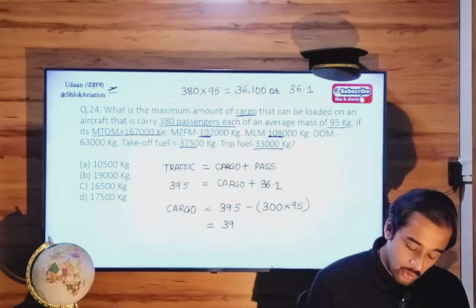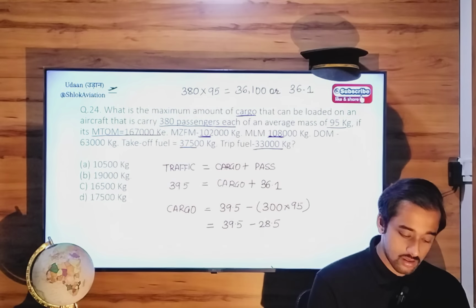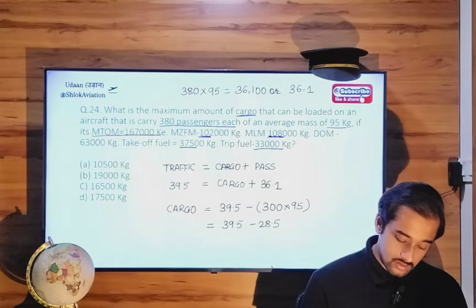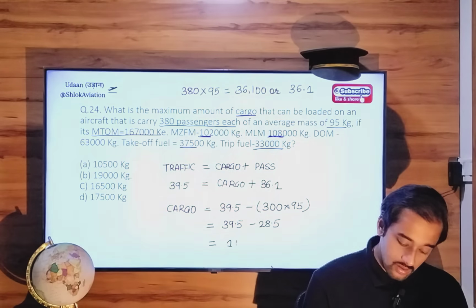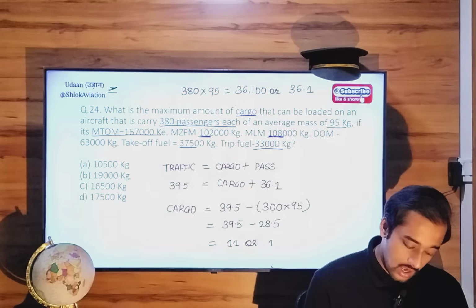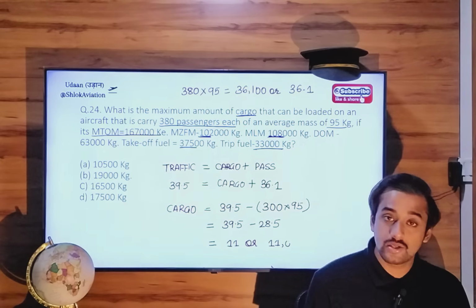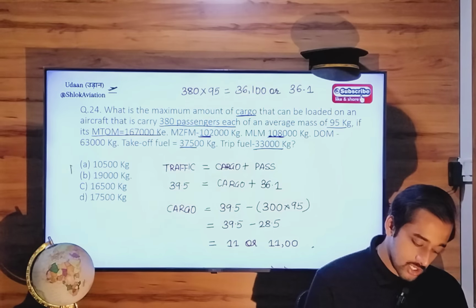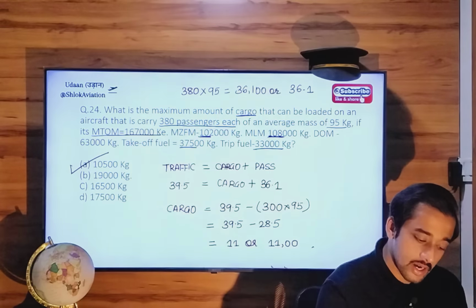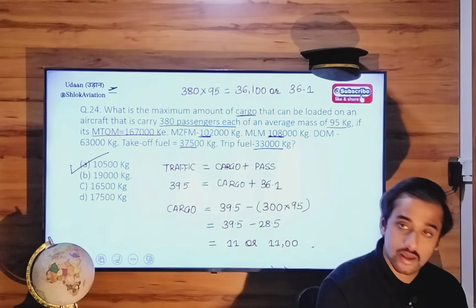So 39.5 minus 28.5 is 11,000 kg. Okay, so the correct option will be option A.